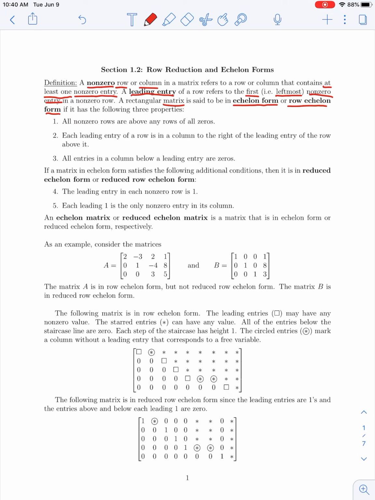The second property is that each leading entry of a row is in a column to the right of the leading entry of the row appearing before it. That condition seems a little bit messy when you read through it in words, but when we start looking at some examples, we'll see what exactly that condition means for the rows and columns of our matrix, and see that it's not quite so bad.